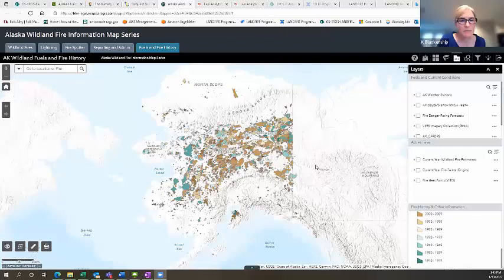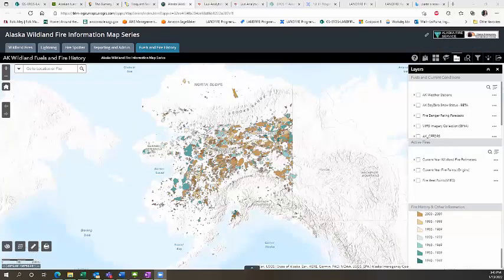Yeah, I can see it. Yeah, so Jennifer and I both posted that link in there, but you still have to manipulate it a little bit to actually see the fire history. Obviously there's a lot of browns for the more recent fires.